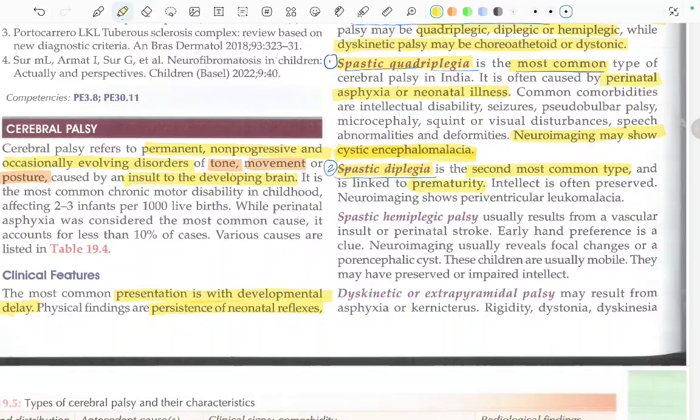If either the upper or lower limbs are involved in a CP child, then think of prematurity and take a proper history. Intellect is often preserved in diplegia. Neuroimaging shows periventricular leukomalacia. This is important. So on neuroimaging, periventricular leukomalacia will be seen, whereas in quadriplegia cystic encephalomalacia was seen.